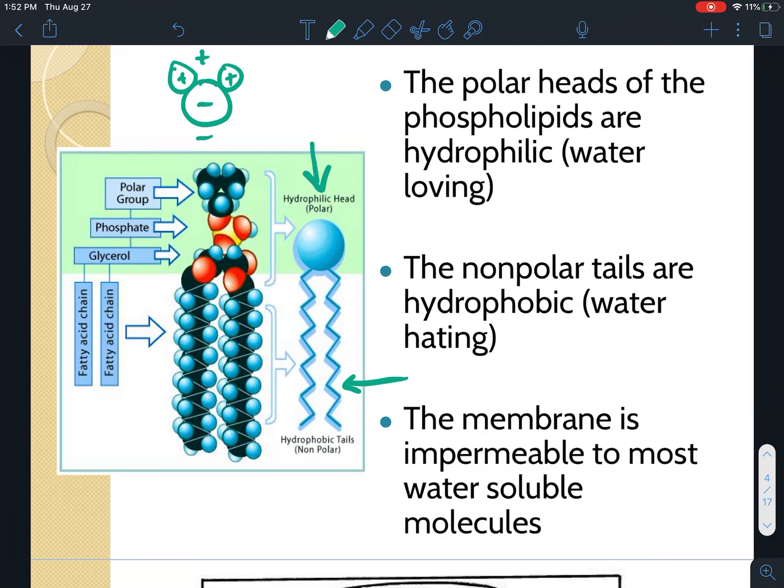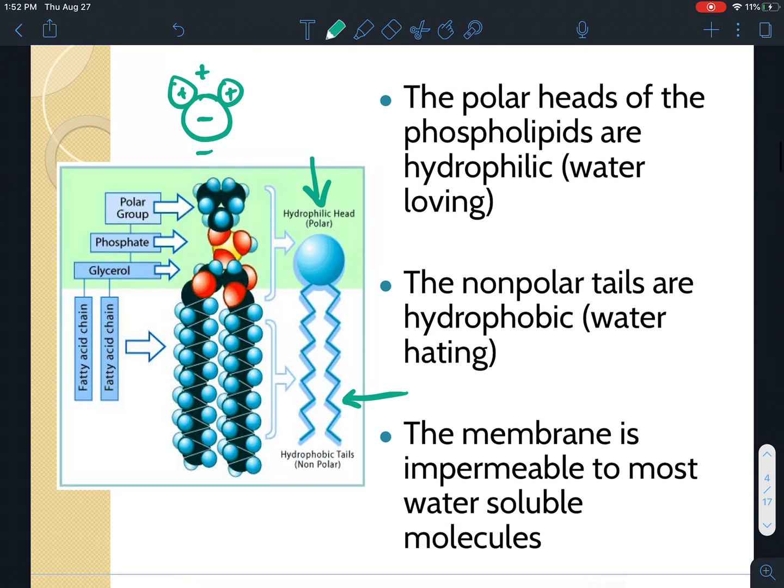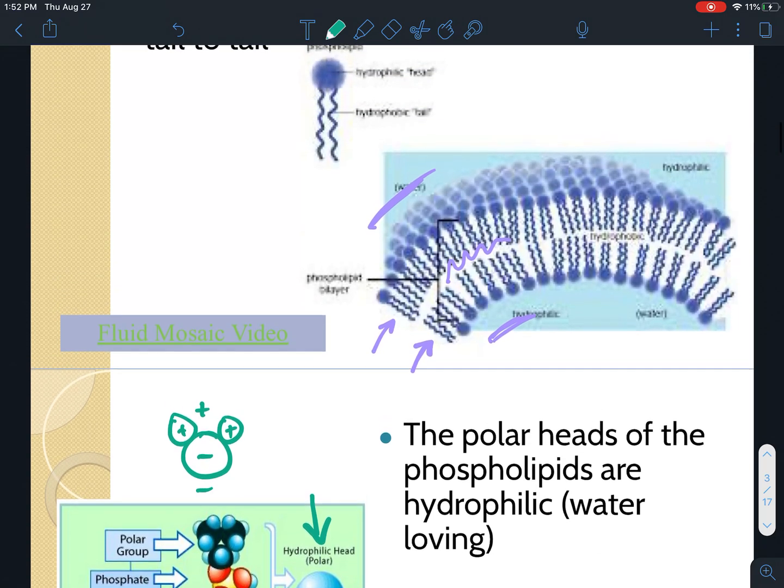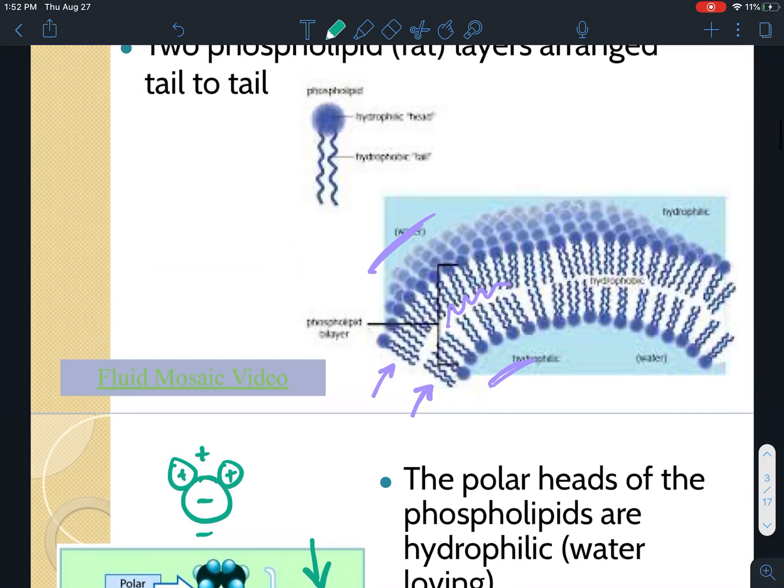Okay, so the phospholipids are made in such a way that they are polar on the head end and non-polar on the tail end. And so that makes this membrane insoluble to water. It also prohibits things that are charged or very large from traveling through easily. Okay, so just to sum it up, we've got hydrophilic on the outside.